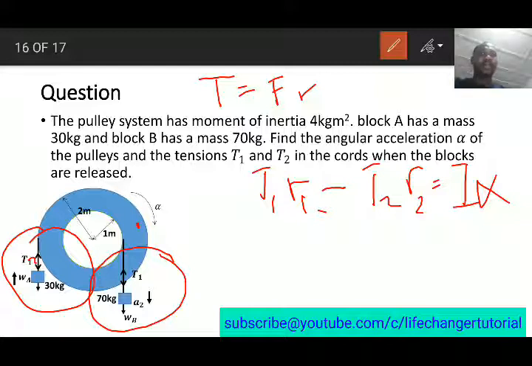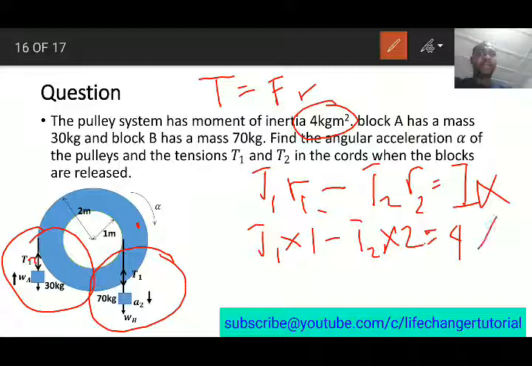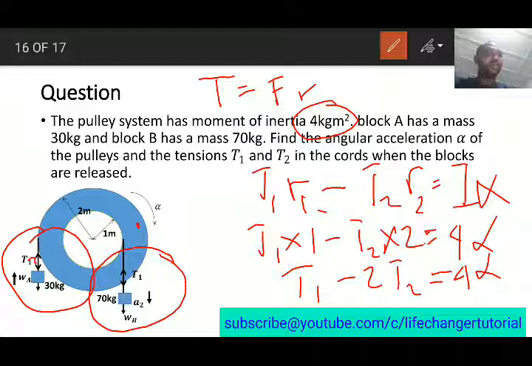Your R1 here is 1, so we say T1 times 1 minus T2 times 2 is equal to the moment of inertia we are given here, which is 4, times the angular acceleration. We don't know what the angular acceleration is, so we get T1 minus 2T2 equal to 4 alpha.